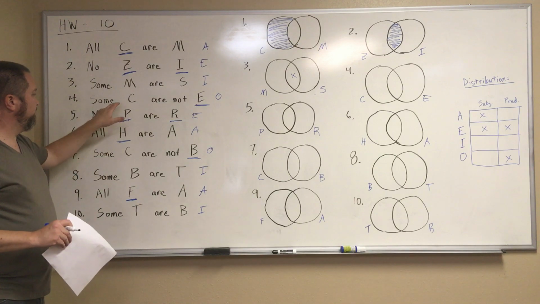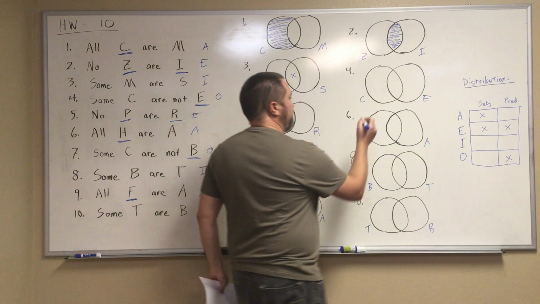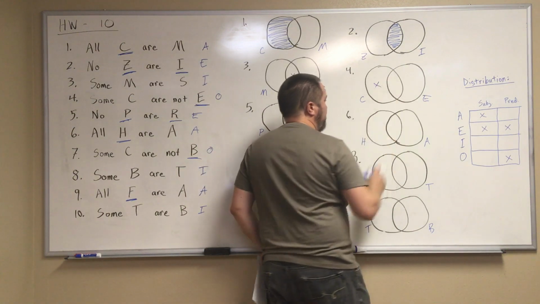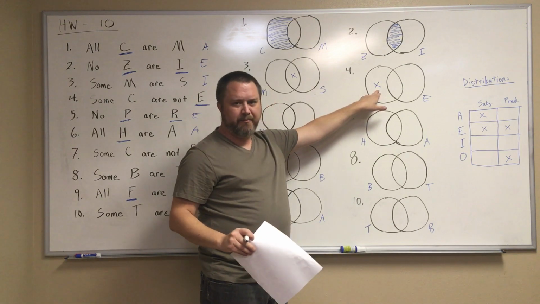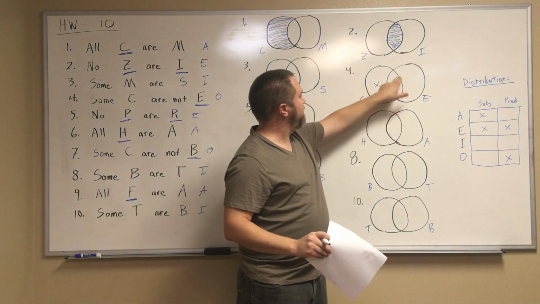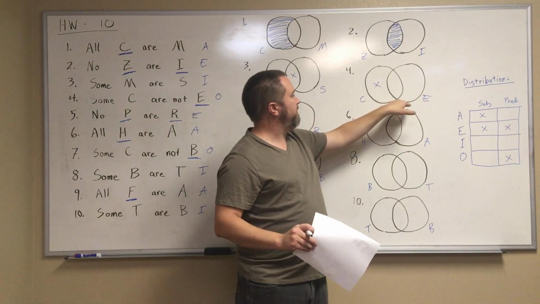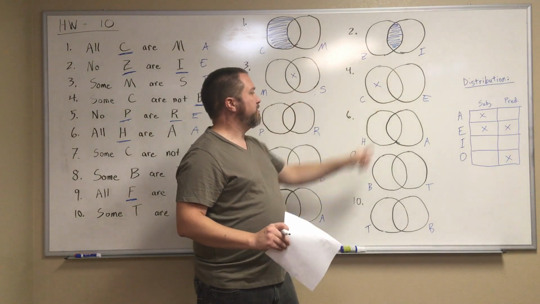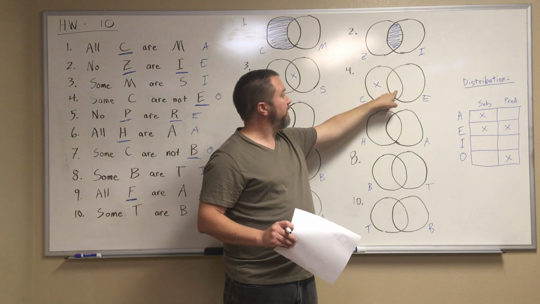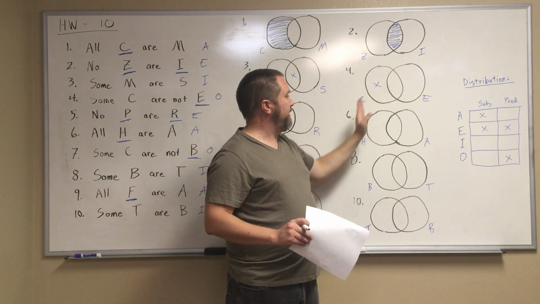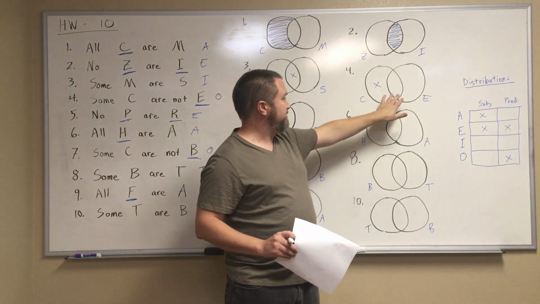So the flip to that is an O statement. Some C are not E. We're going to put an X over on the left because what we're saying is there's at least one member of the C category, this whole circle here, that's not part of the E category. So it couldn't be in here because that would be both C and E. That's specifically not what this has told us.